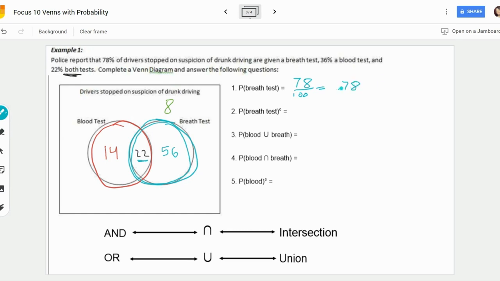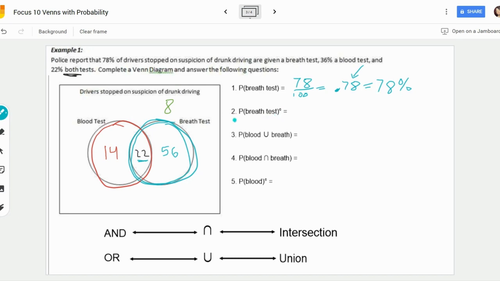These are all accurate representations of a probability. I think our preferred method is going to be the decimal, because that's the type of probability you would use if you ever went anywhere with probability. Number 2 is going to be a lot easier than it may seem. This little C seems kind of messy, but you're talking about the probability of not breath test.